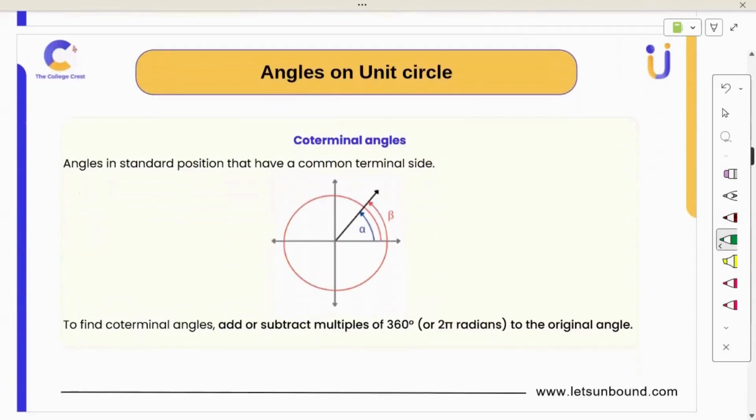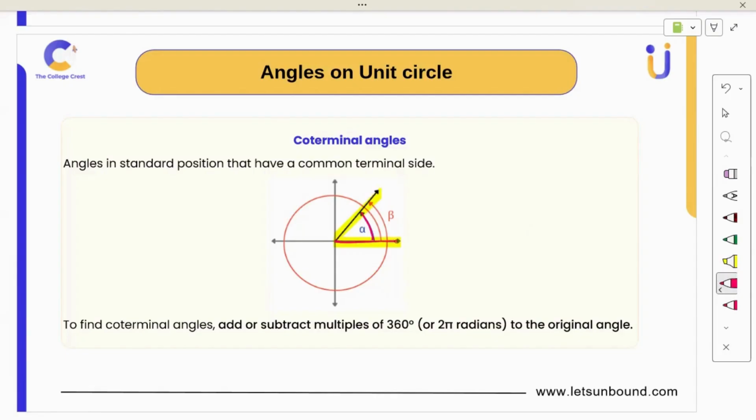Right? So now angles on unit circle, coterminal angles. Okay, what is this coterminal angle? Angles in standard position that have a common terminal side. For example, here alpha angle is made. Okay, can you see? Initial on the x-axis, and this is terminal. So that is some acute angle.